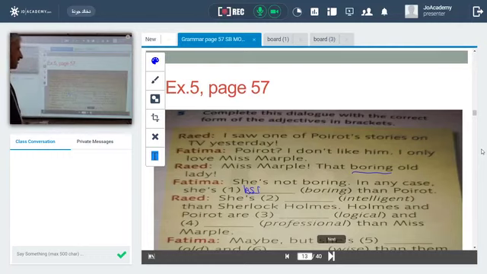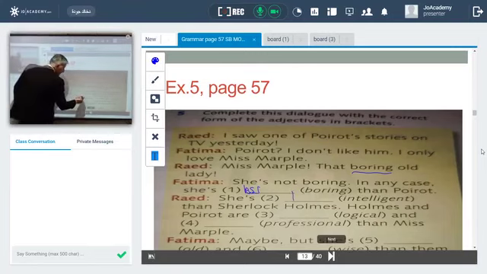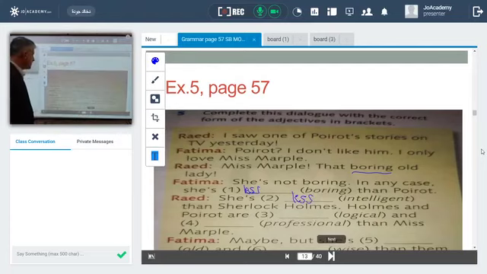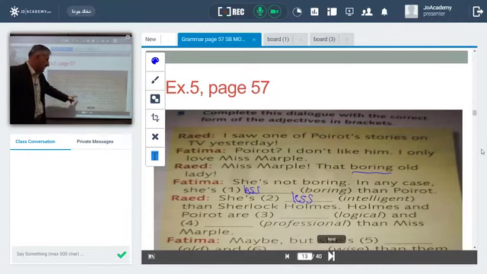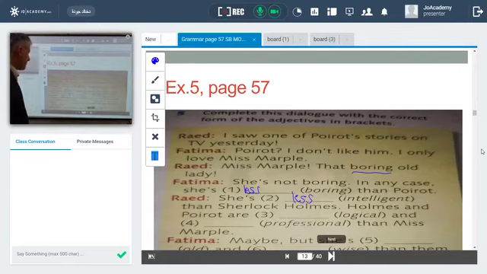Right, she is blank intelligent than Sherlock Holmes. Here Raed says she is, Miss Marple, less intelligent because he likes Sherlock Holmes. She is less intelligent than Sherlock Holmes. Holmes and Poirot are blank logical.